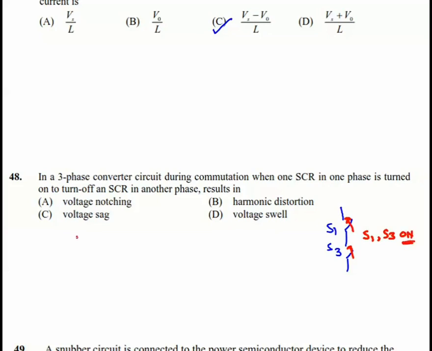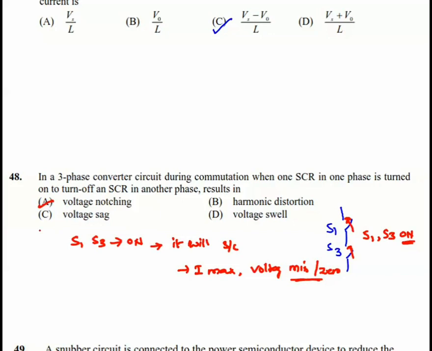So when S1 and S3 are both on, it will short circuit the source and the load. Short circuited means current will be maximum and the voltage will be minimum or zero. So this phenomenon is called voltage notching here.